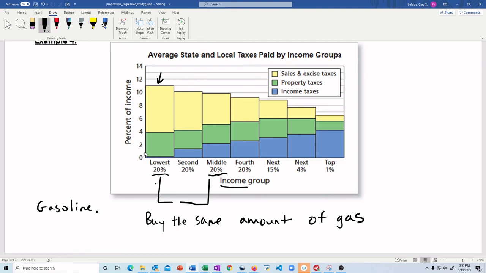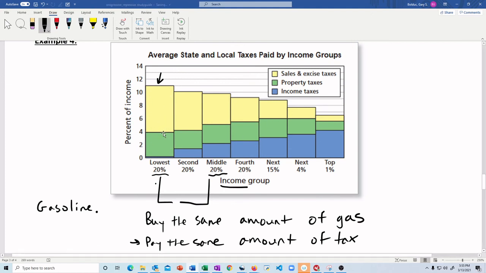It means they pay the same tax on the gasoline. And if that's happening, well, that amount is more to this person than this person.